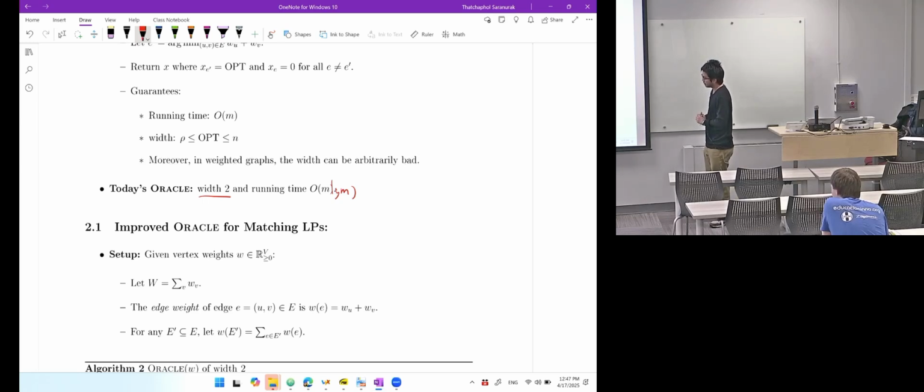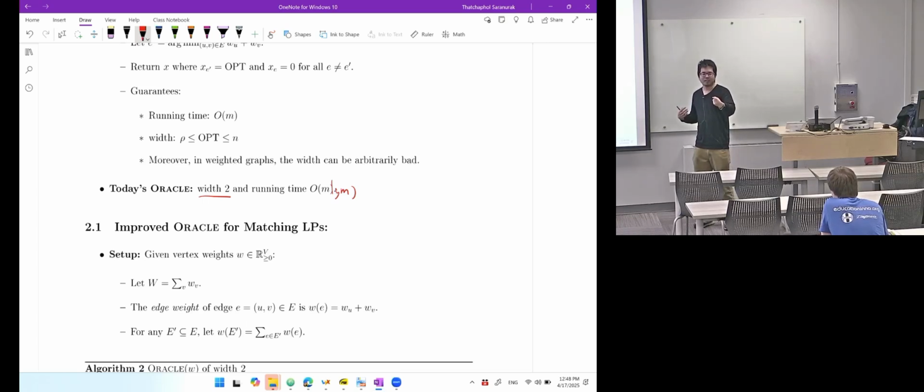So actually, let's try to motivate the algorithm a bit. We see that the previous best bang per buck oracle has really high width because it just tries to put all the value, which is really big, like opt, into just one variable.